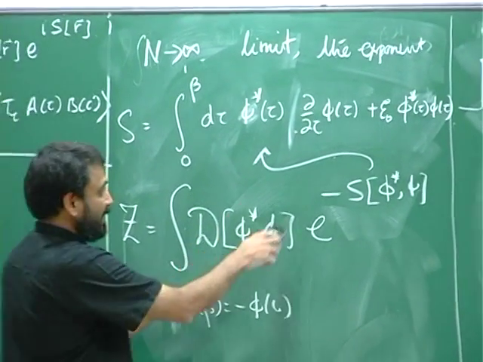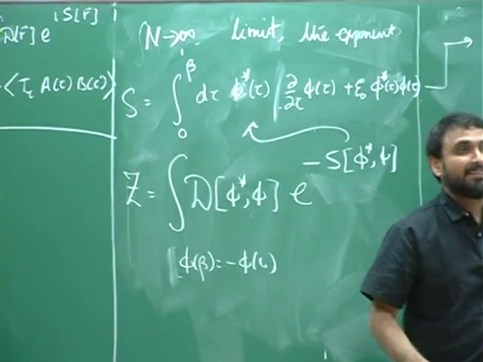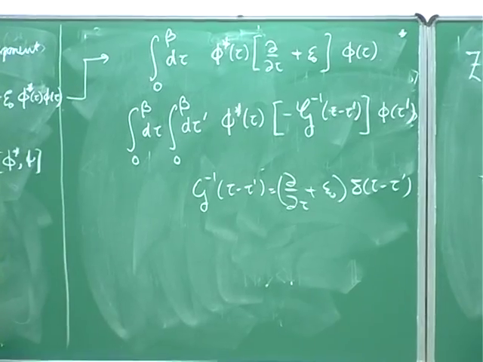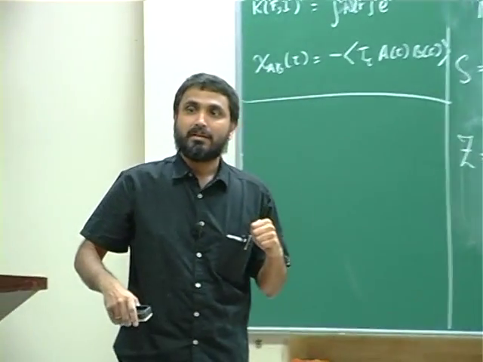This integration will be a Grassmann path integration, whereas for the action, the integral is on the tau line. If we view phi star as an independent variable, then phi star of minus beta should also be equal to minus phi star of beta. It is there. I'm not being very precise, but it's there.